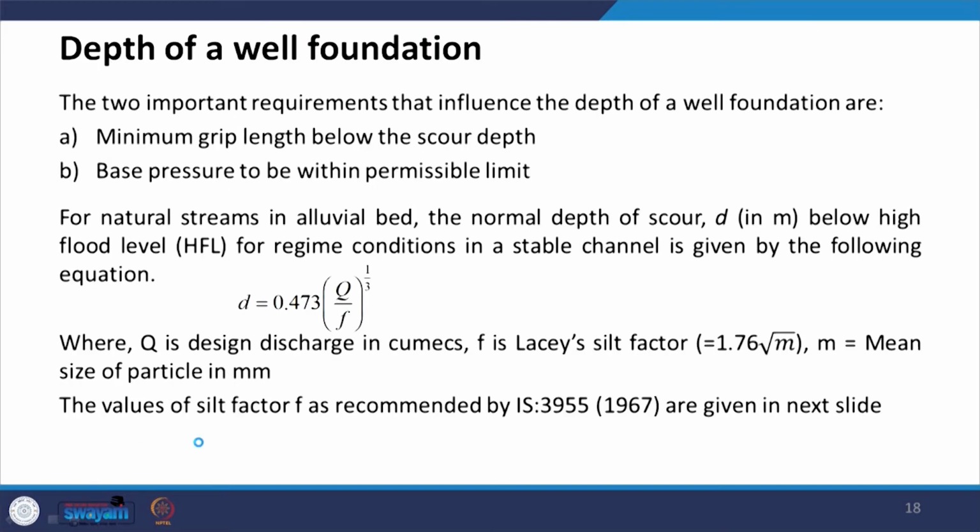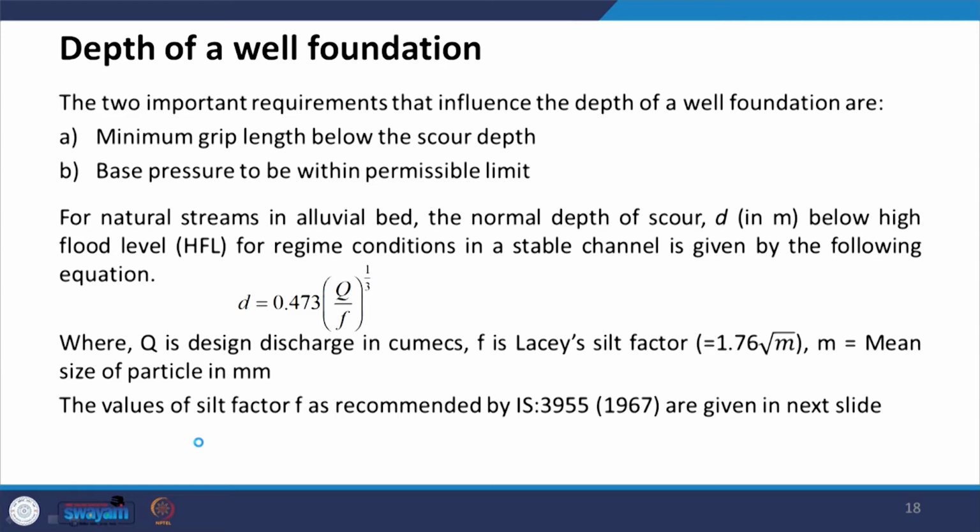Then, continuing, the next issue is related to the depth of a well foundation, and this is most important for the analysis and design of the wells. When we talk about depth of well foundation, there are 2 important requirements which influence the depth, listed here. First requirement is minimum grip length below the scour depth.